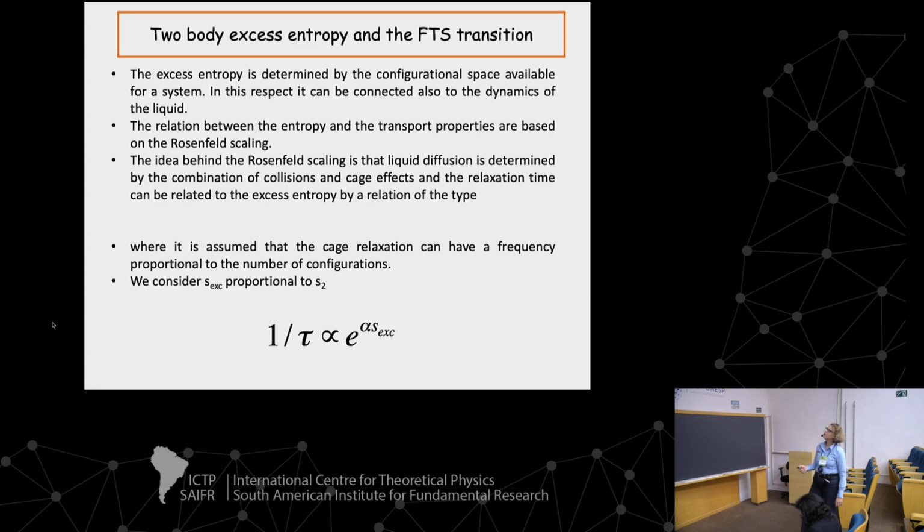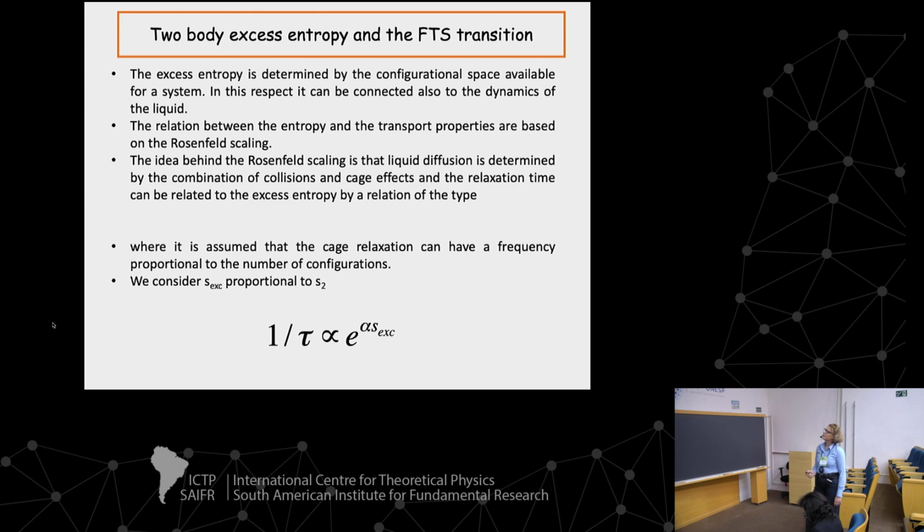But we found that the two-body excess entropy has a crossover at the fragile to strong crossover. It is important to tell you what it is. It's determined by the configurational space available for the system, and that's why it can be connected to the dynamics of the liquid.